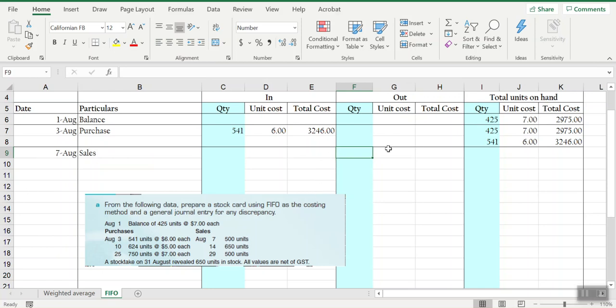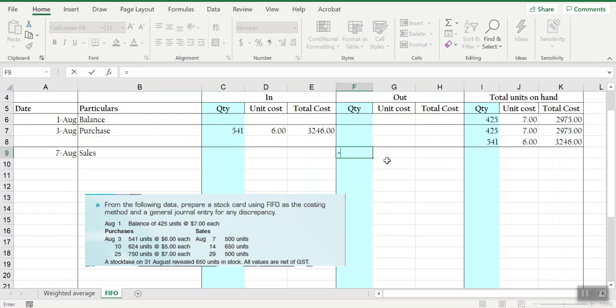We don't have 500, so the first lot we've got to sell is the $7 here. We don't have 500 of those, so we've got to make up that 500 with some of the $6 lot coming out of here. So first off, we're going to sell all this. Get rid of all that.